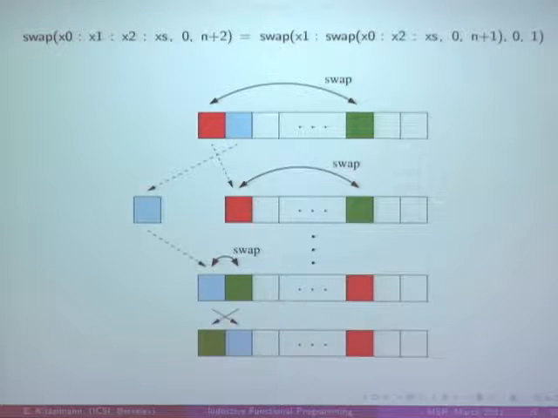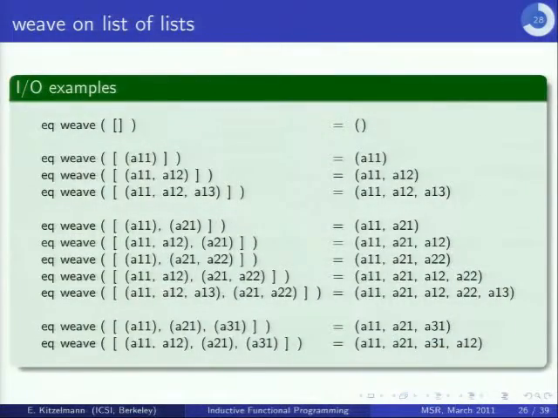So this is, I think, a nice, bit more clever thing than just reversing a list, which automatically could be synthesized. And here's another more complex example which works on a list of lists. So we have a list of some inner lists.